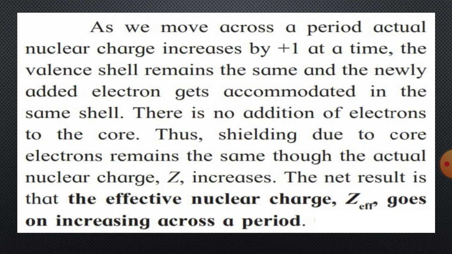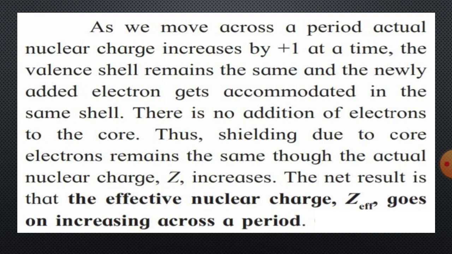But the valence shell will remain the same. So here, the newly added electron will accommodate in the same shell. Thus, shielding due to the core electrons remains the same. Fine, the shielding will remain the same.